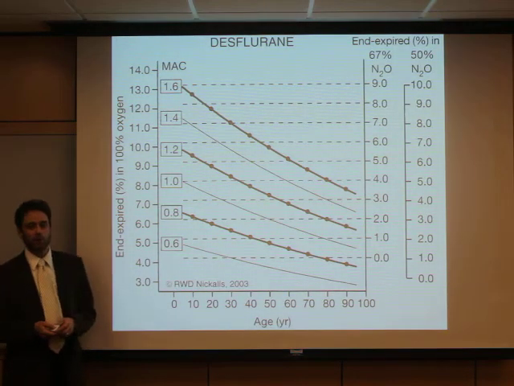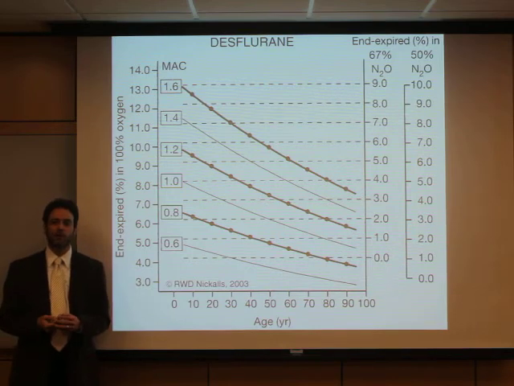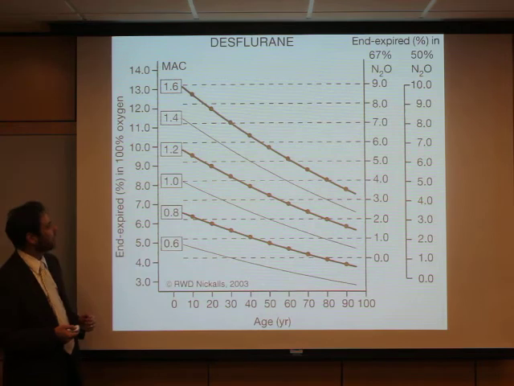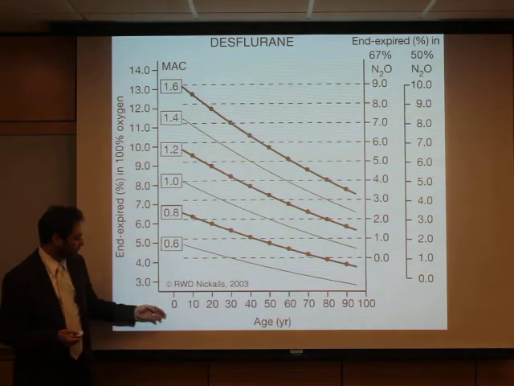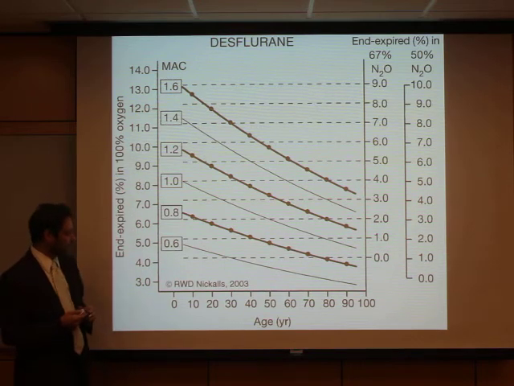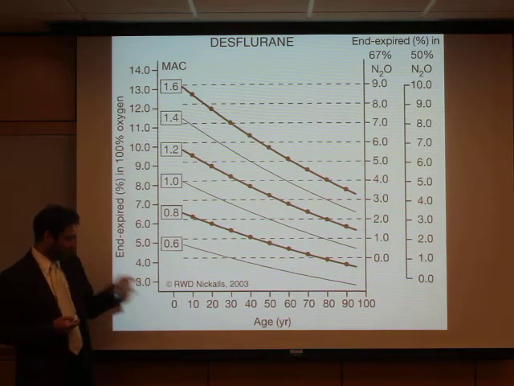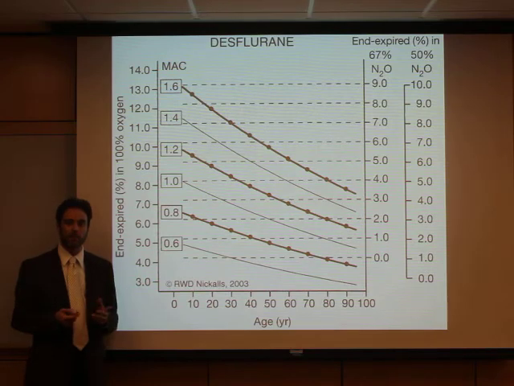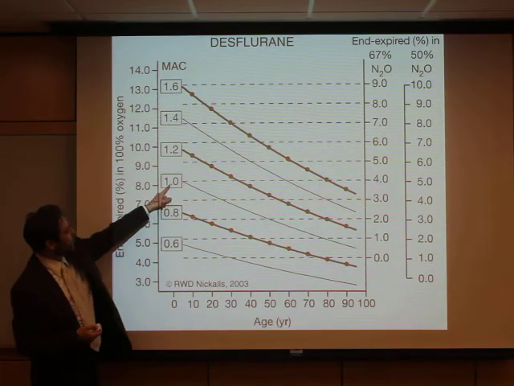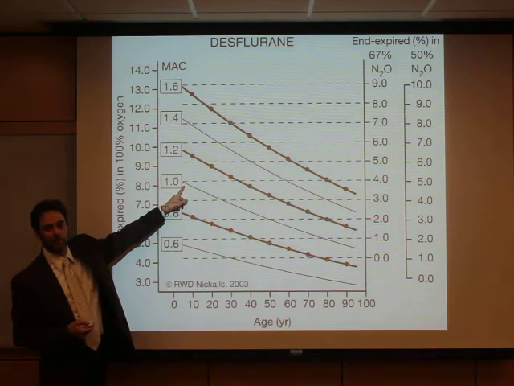This graph shows the age effect on the amount of anesthetic required, and these are iso-MAC lines for people going from the age of 0 to 100, and in this case it's for desflurane. These curves were made by Nickalls and Mapleson and were published in the British Journal of Anesthesia. So you can see, for example, the iso-MAC line for 1 MAC.